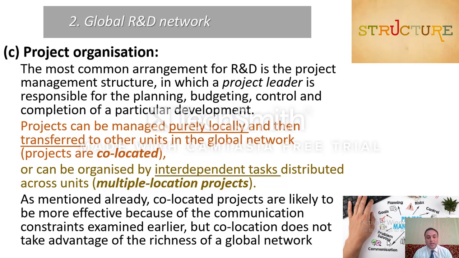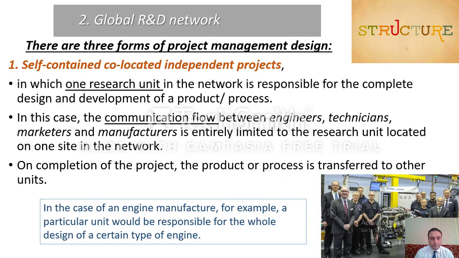Or it can be organized by interdependent tasks distributed across units, which is called multiple location projects. We will see the difference in detail in the next slides. As mentioned already, co-located projects are likely to be more effective because of the communication constraints examined earlier, but co-location doesn't take advantage of the richness of the global network.